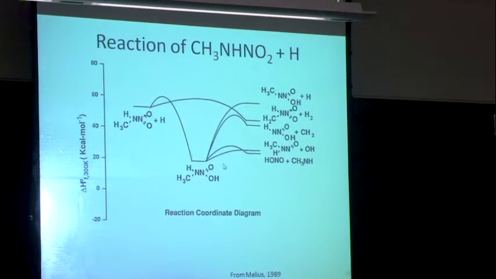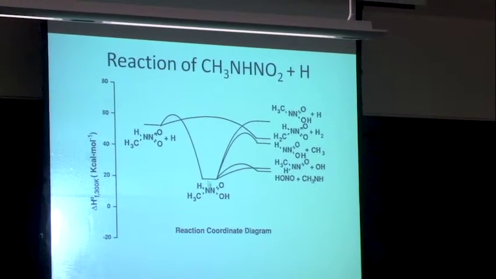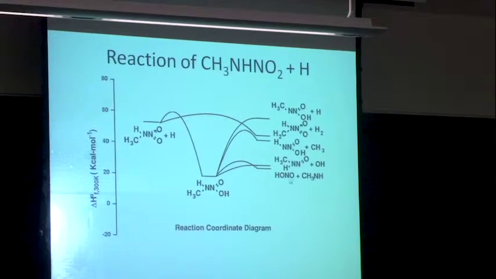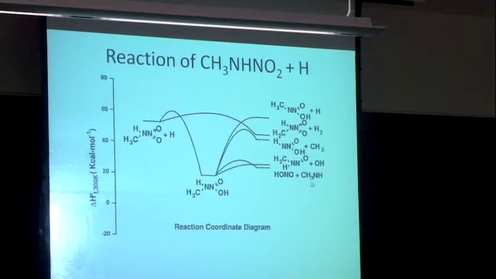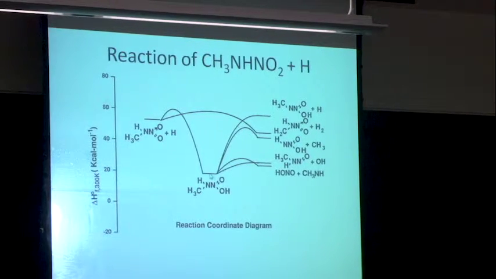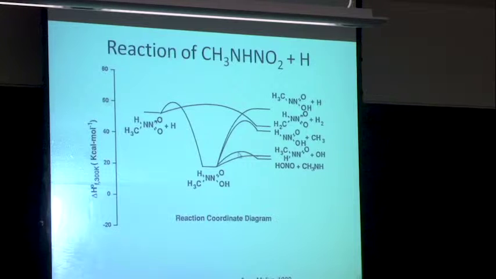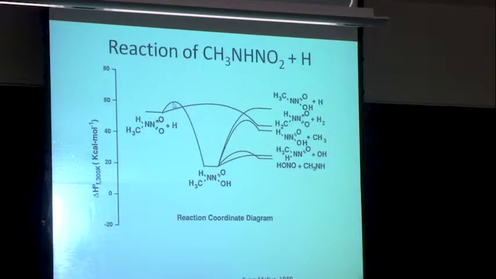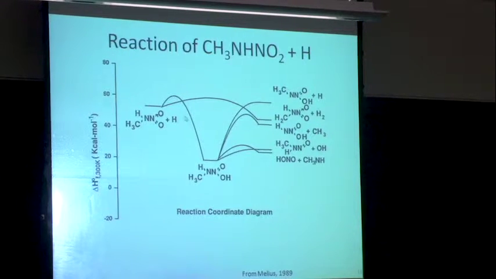And then the adduct can decompose in many different forms at different energy levels. If I just pick out one example, I could have the NN bond break here, and I end up following this path here to form HONO and CH3NH. And so this barrier height here from the adduct up to here is about 10 kilocalories per mole, and to form the adduct, it was about 10 kilocalories per mole as well. Okay.